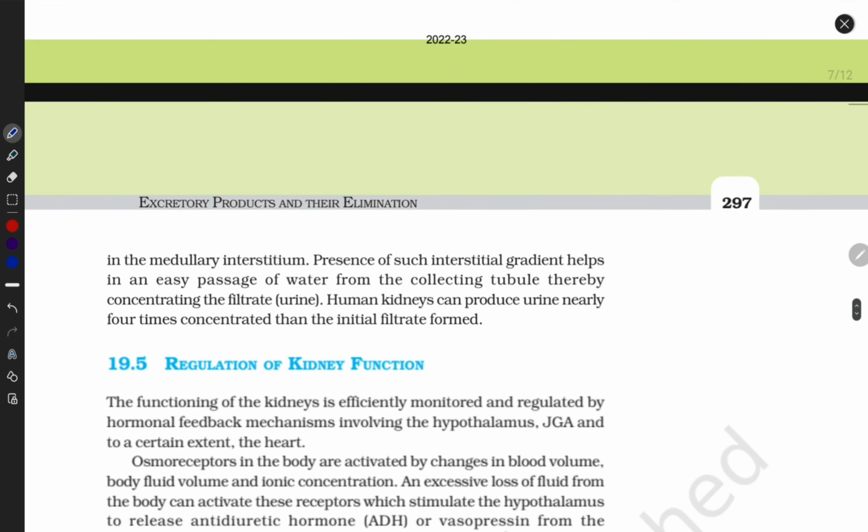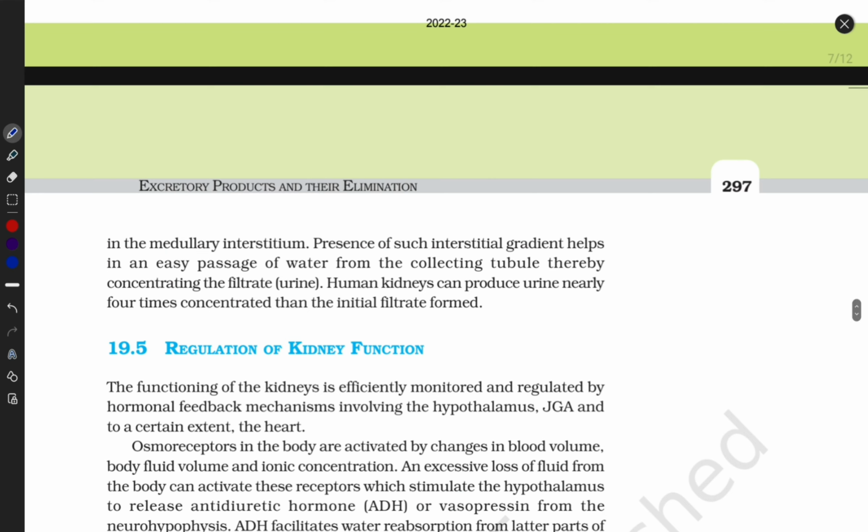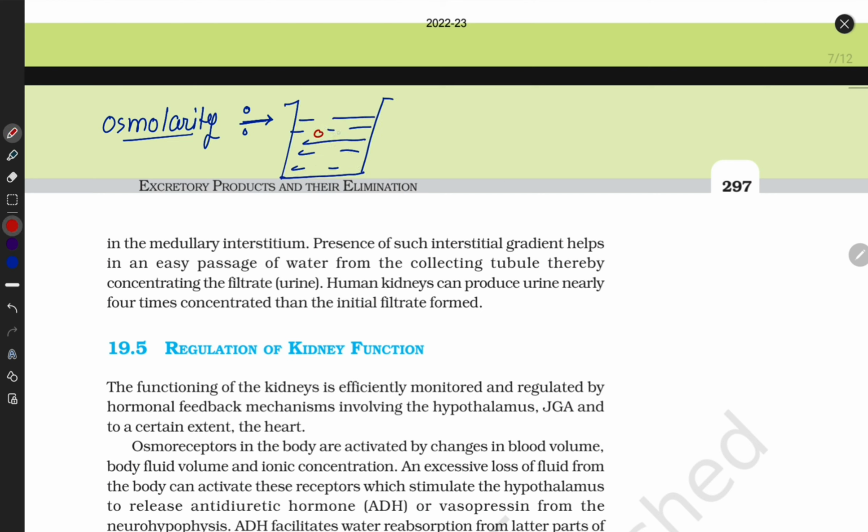I'm writing some definitions here. What is osmolarity? Osmolarity means how much solute is present in water. This is the water content, and there is solute.